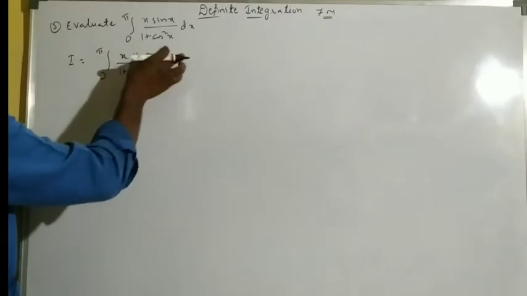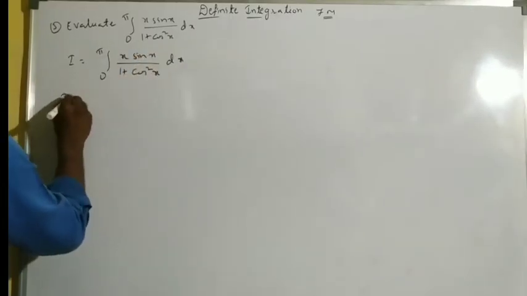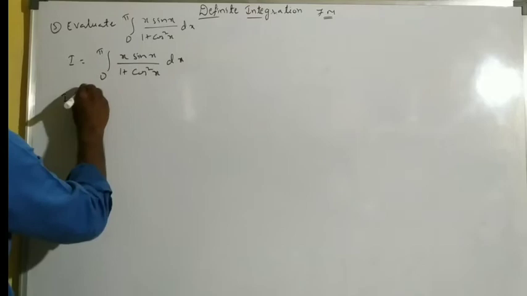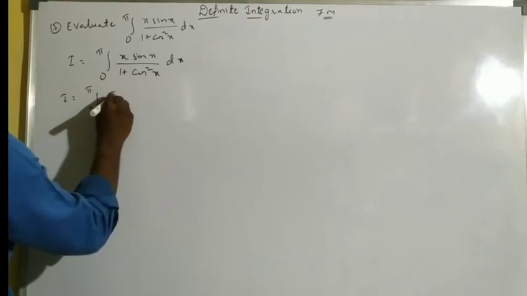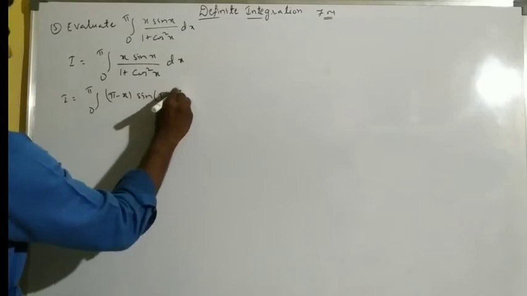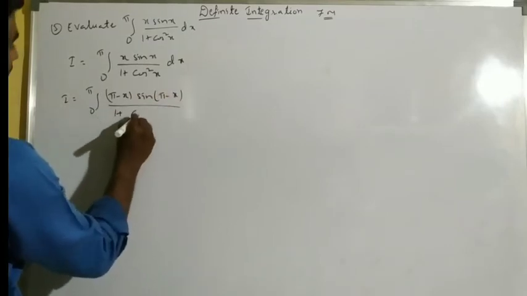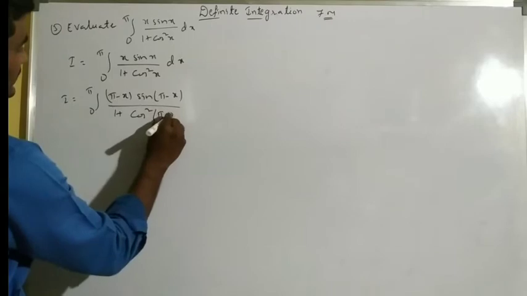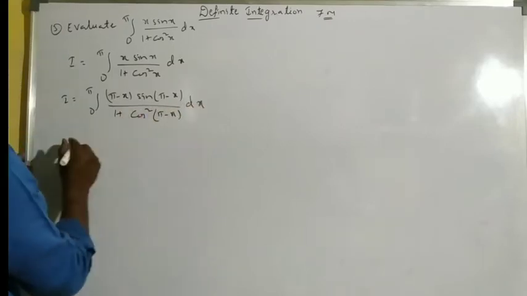Next, I am going to substitute pi minus x in place of x: 0 to pi of pi minus x of sin of pi minus x by 1 plus cos square of pi minus x dx.